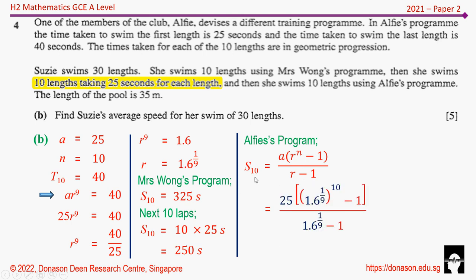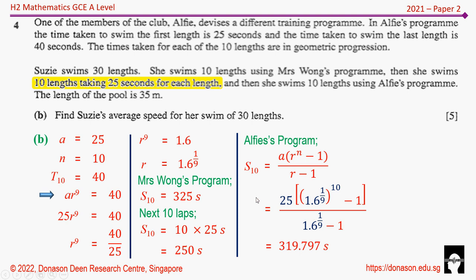So let us evaluate S10. If we put in all the values and press the calculator, it's going to be 319.797 seconds. So that is going to be the total time taken using Alfie's program.